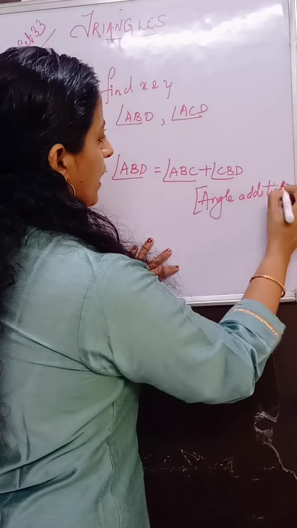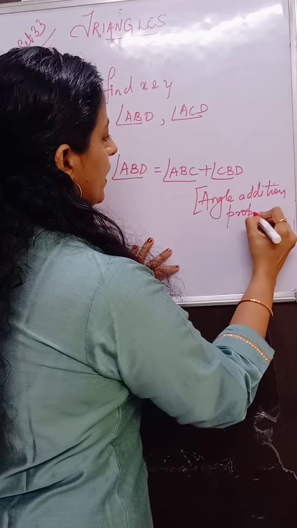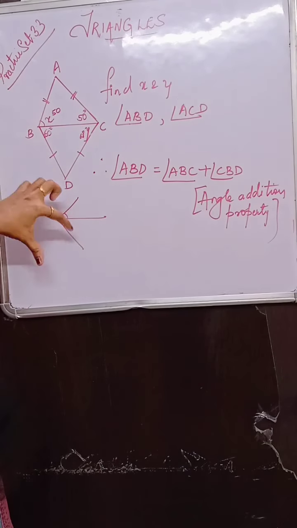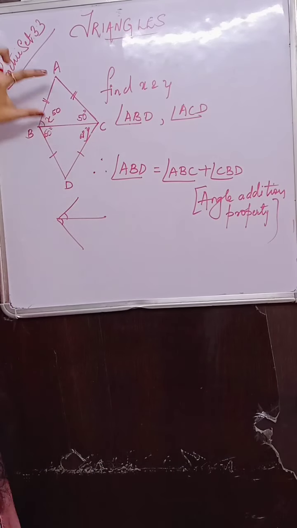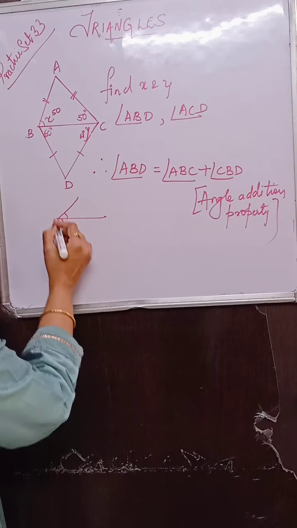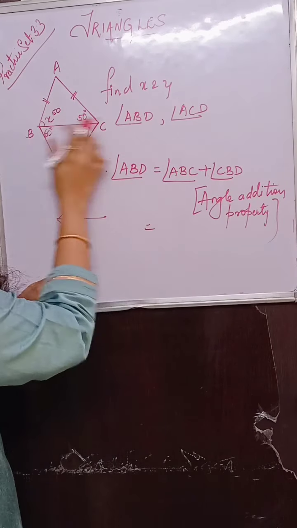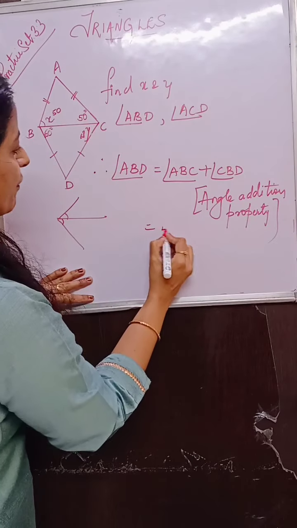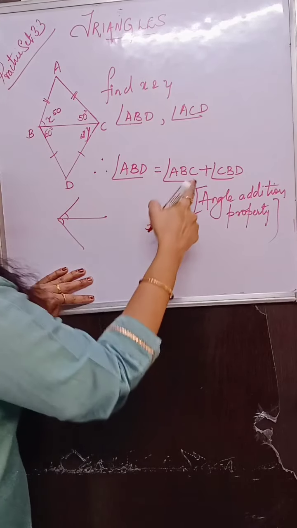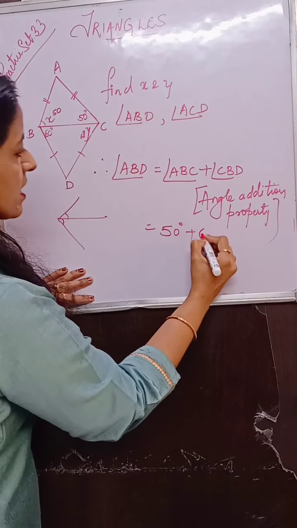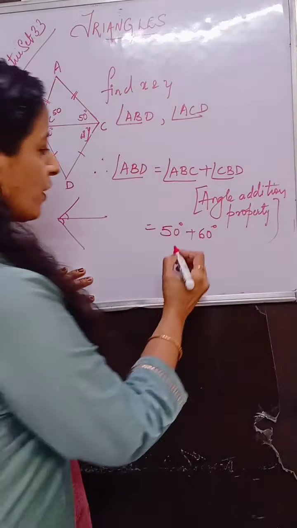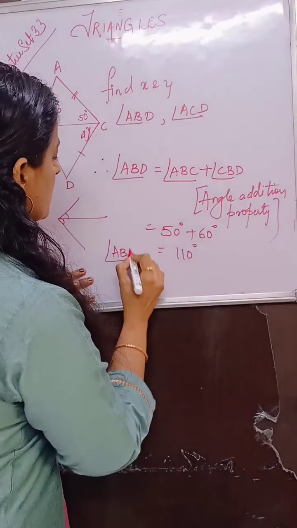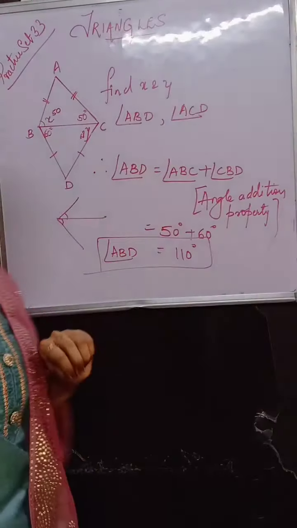You added two angles. ABC is 50 and CBD is 60 degrees. So 50 plus 60, 110 degrees you got. ABD is equal to 110 degrees.